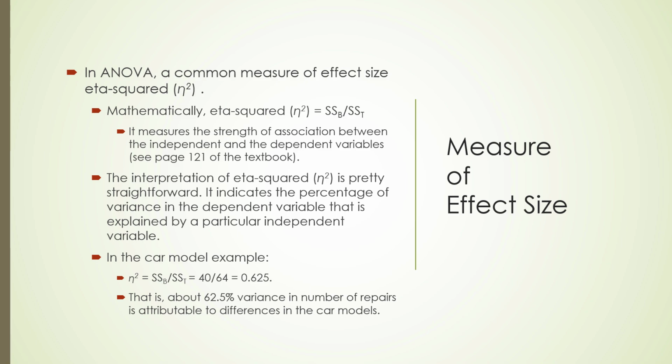In the car model example, if the between-group sum of squares is 40 and the total sum of squares is 64, eta squared equals 0.625. This means that about 62.5% of the variance in the number of major repairs is explained by differences in car models.